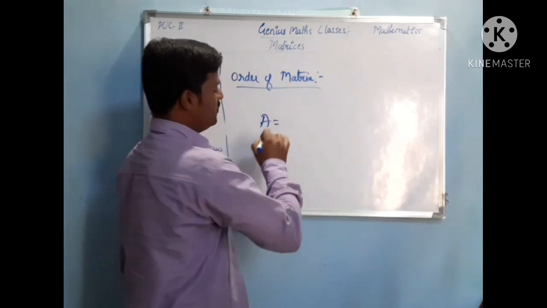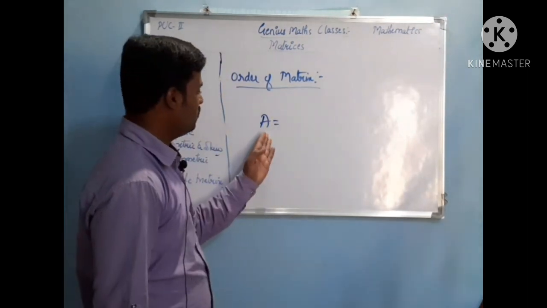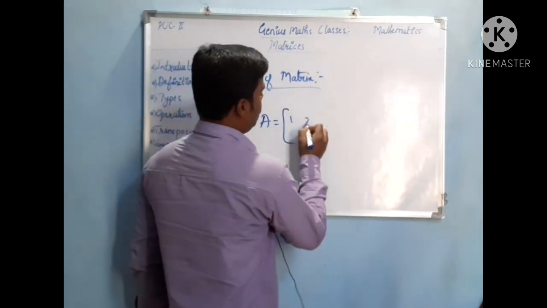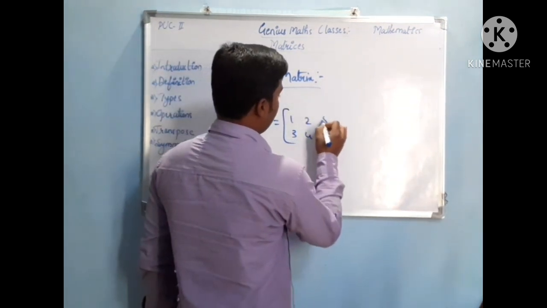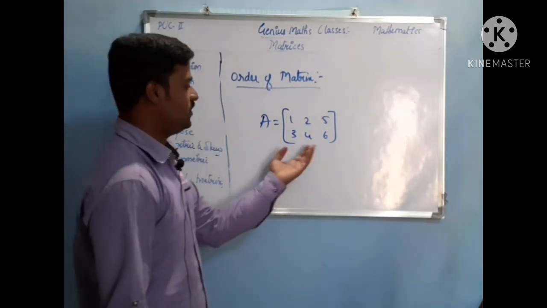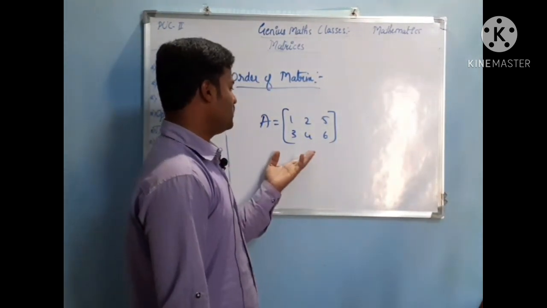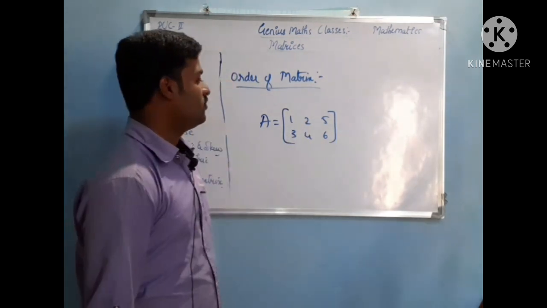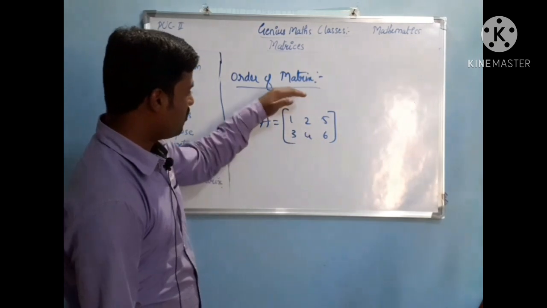I have told that we write the matrix A like this: 1 2 3, 4 5 6. This is nothing but the matrix.